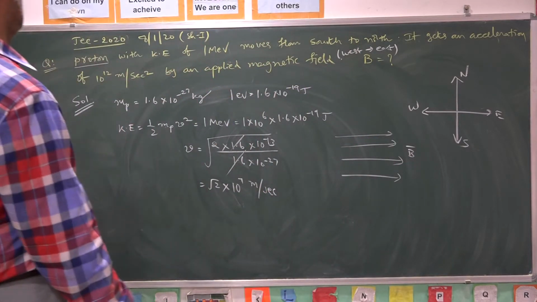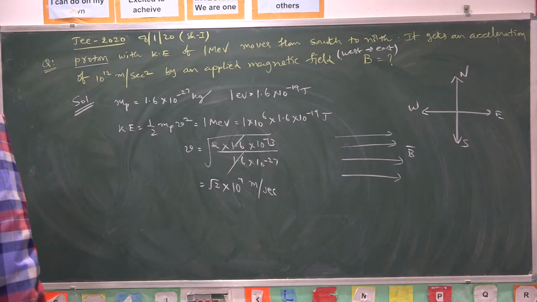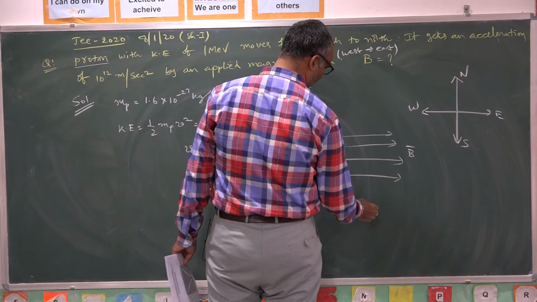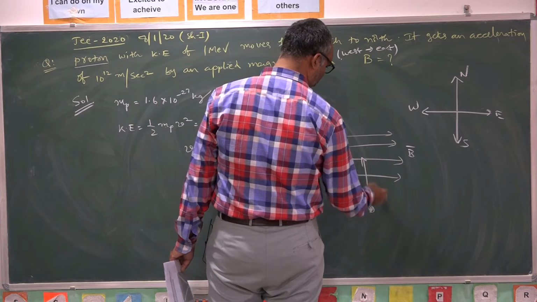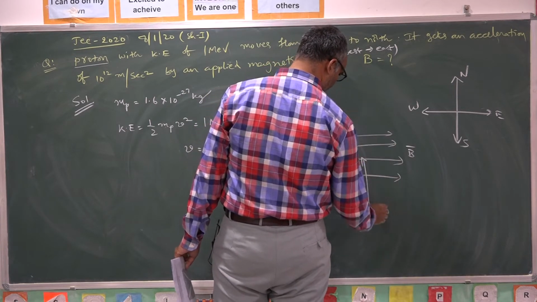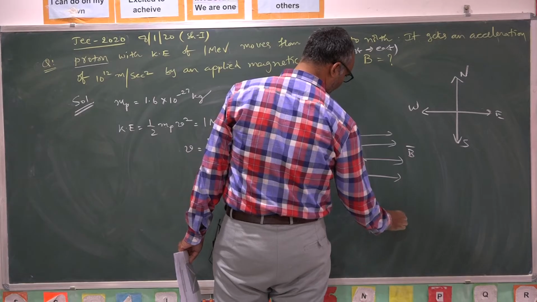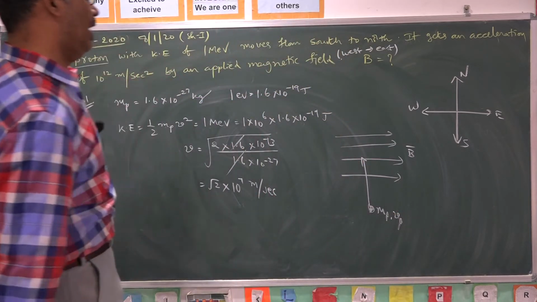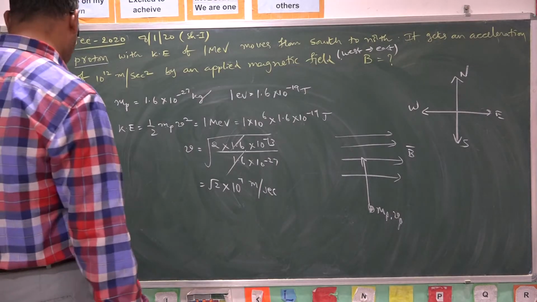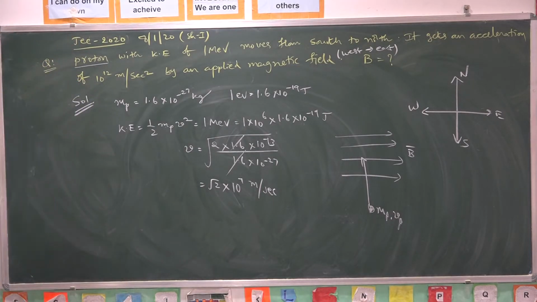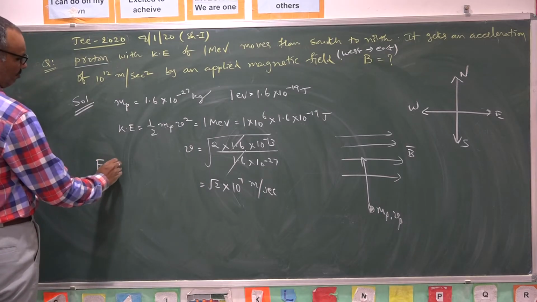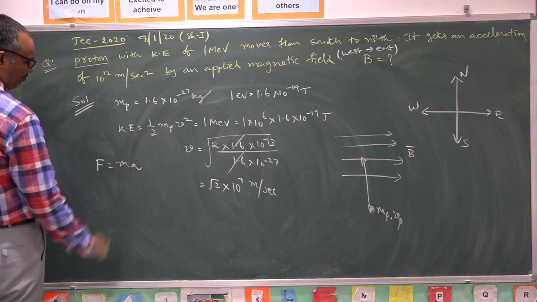Now the proton moves from south to north. Our particle proton is moving from south to north. This is south, this is north. Mass of proton is mp, velocity of proton is vp. Acceleration gained by it, so how to calculate acceleration? Force is equal to mass into acceleration.